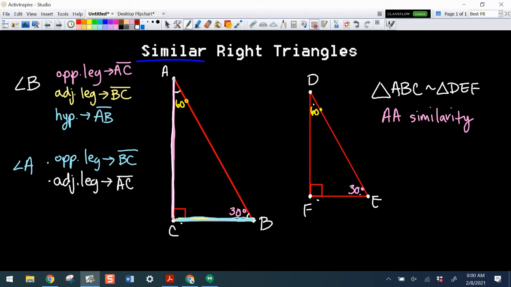Notice these two legs have swapped their roles depending on which angle we're looking at. But regardless, the hypotenuse is still line segment AB.